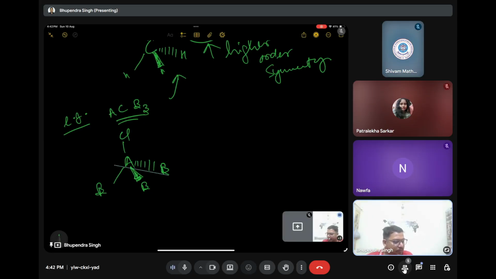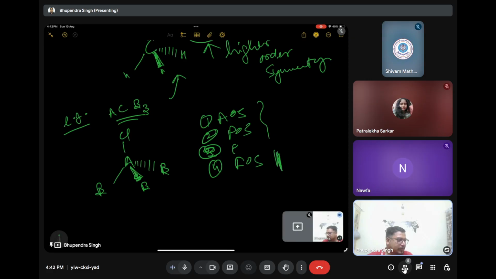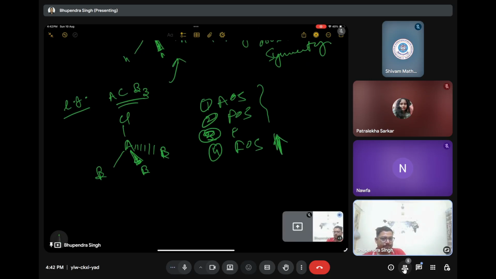If you are not able to find it directly, simply follow the procedure: first axis of symmetry, second plane of symmetry, third i, fourth identity. Anyway, try to find the point group of this molecule.